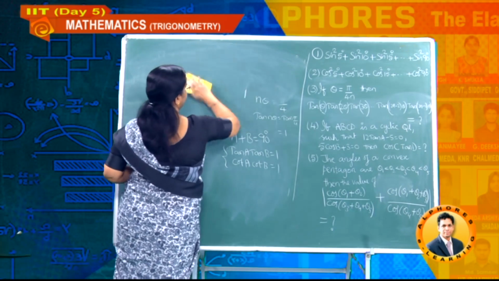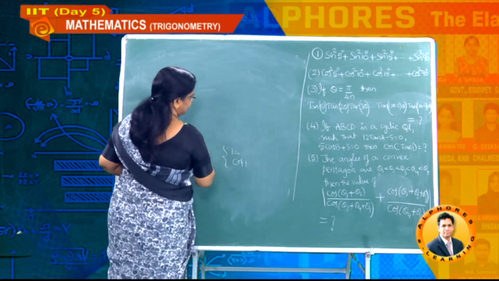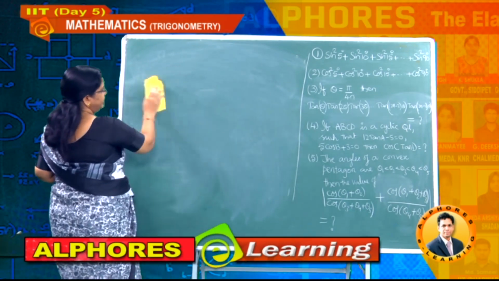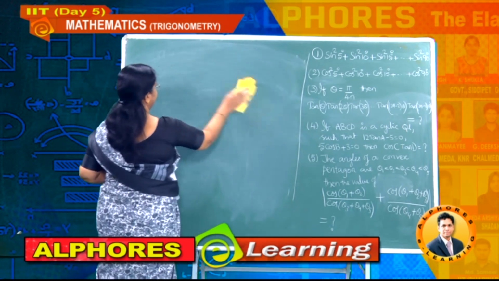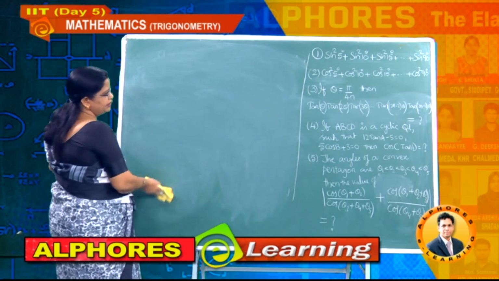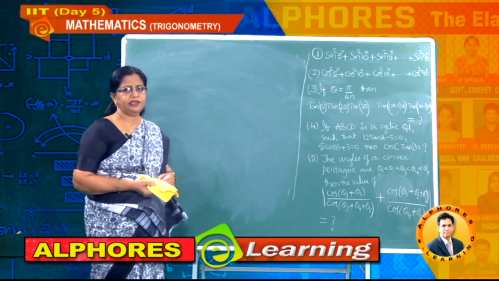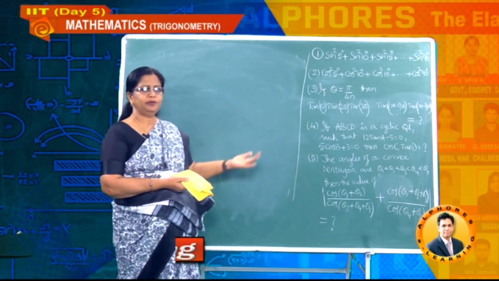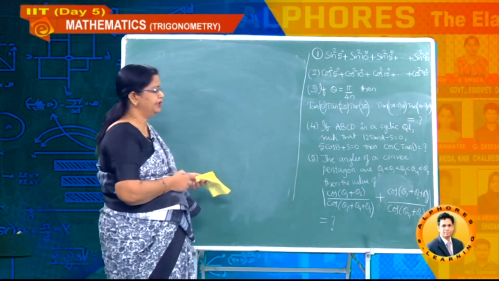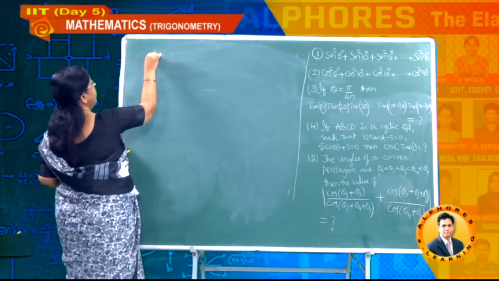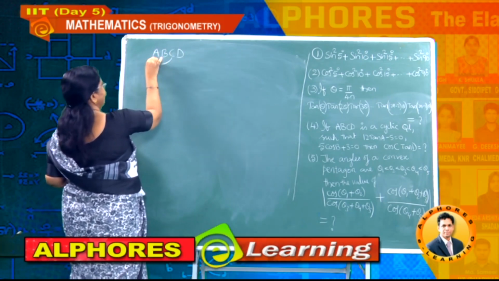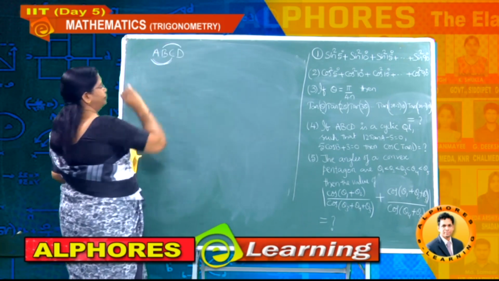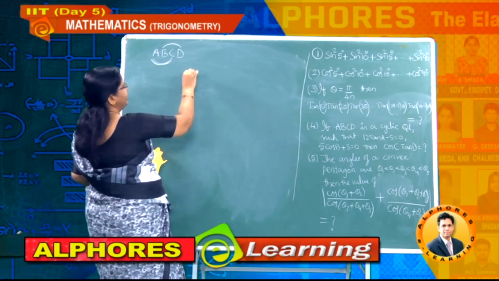Now while solving the fourth problem, observe clearly, students, what is a cyclic quadrilateral? A cyclic quadrilateral implies the sum of the angles equals 360 degrees, and the sum of the opposite angles is 180 degrees. So here the order is very important: A, B, C, D. Opposite means A and C, B and D. So what is A plus C here?